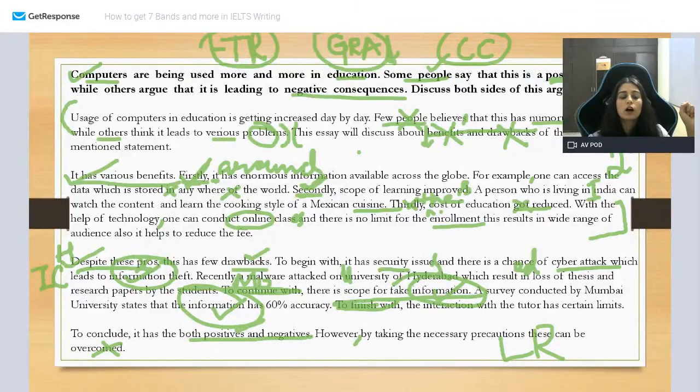In case you are scoring, let's say, 6 in your writing, 7 in your speaking, 7 in your listening, and about 7.5 in your reading, we will give you 10 or 12 sessions for writing, 5 to 6 sessions for your speaking, 5 sessions for your listening, and 3 sessions for your reading. This is just an example. We would understand your requirement and accordingly make the changes in our course. So our course is highly customized.